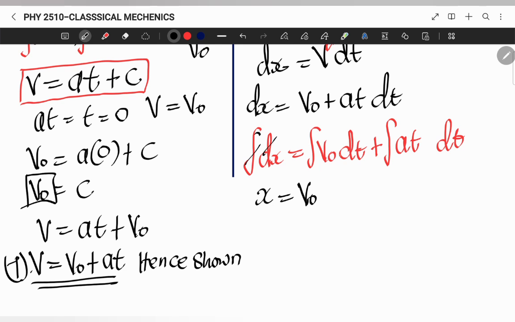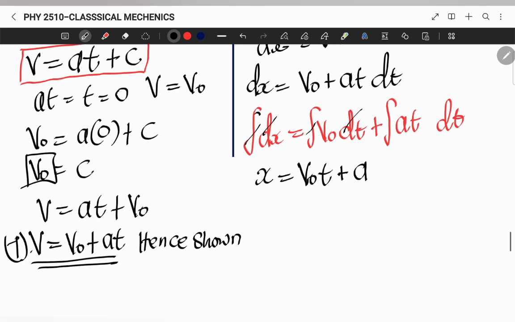Then if we integrate dt, the summation of infinitesimally small time gives us just the total time. The other reasoning you can give is that integration goes opposite to differentiation, so the integral sign and the differentiating cancel. So we're going to have what? t there. Then plus a, acceleration is constant, so it's going to come out of the integral sign, like that.